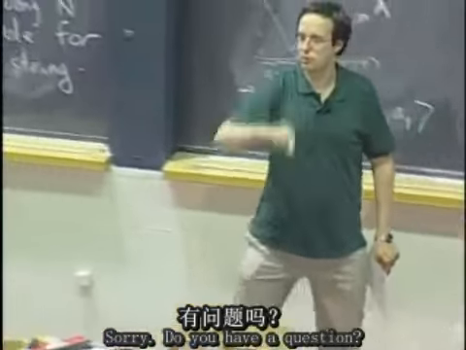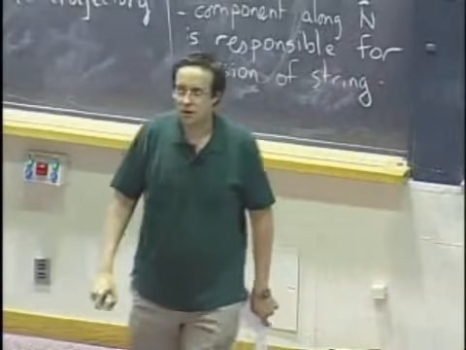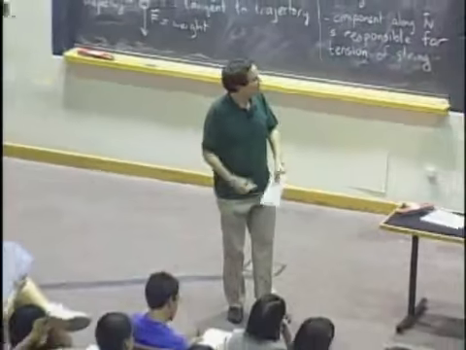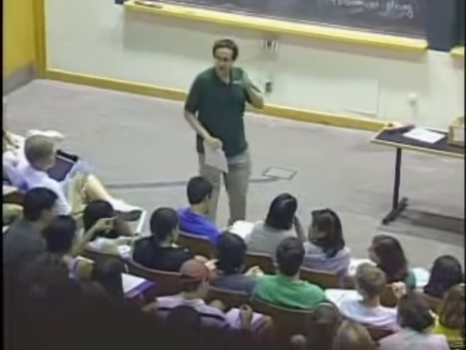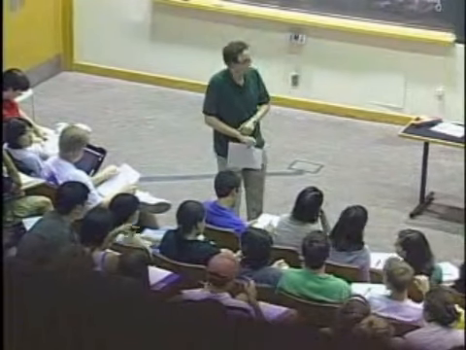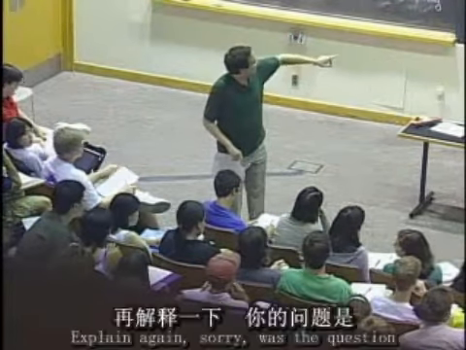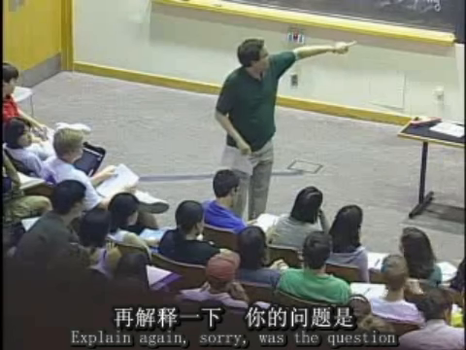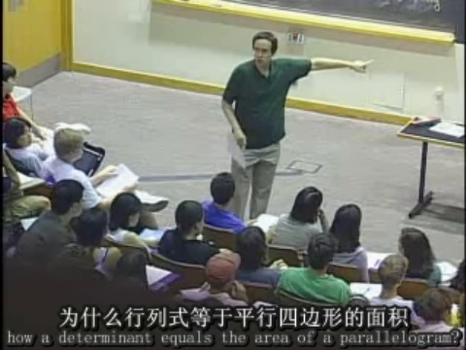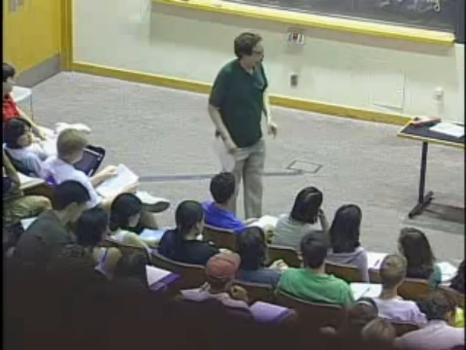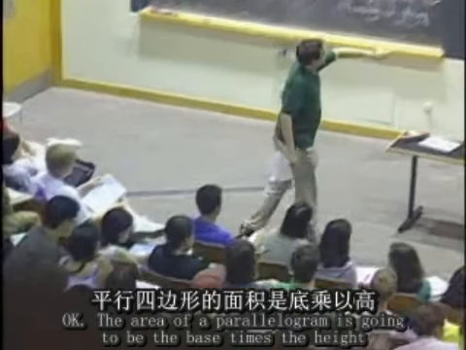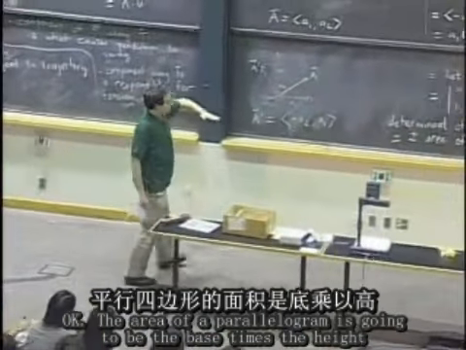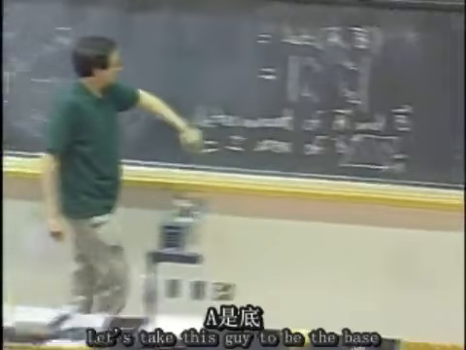Sorry, do you have also a question? Explain again, sorry, what's the question? How the determinant equals the area of a parallelogram? Okay, so the area of a parallelogram is going to be the base times the height, right?